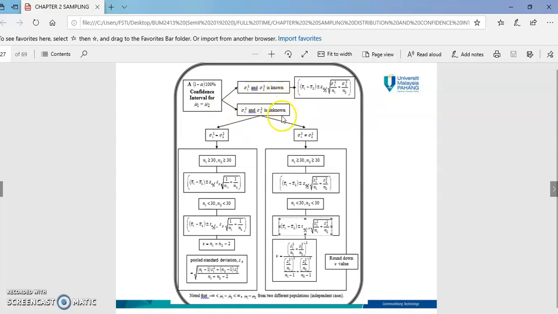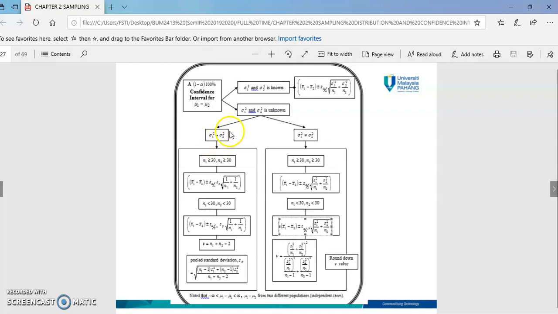Whenever you have S1 and S2 without the sigma, it is unknown. In this question it is an unknown case, so we go to the second condition. Pay attention. We need to know whether we have equal population variances or unequal population variances.